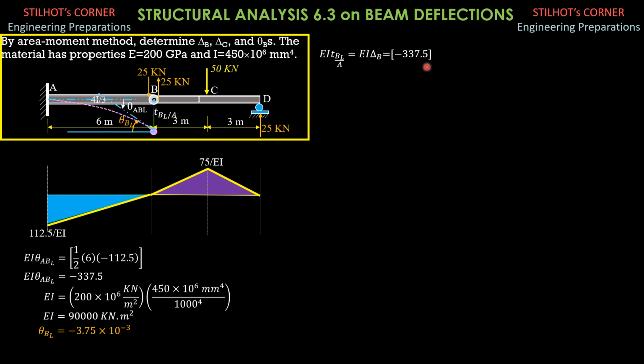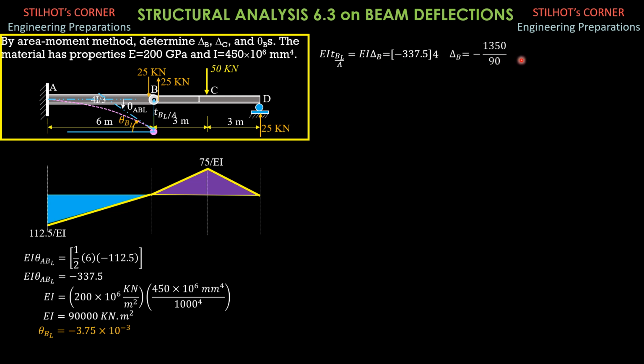So negative 337.5 times 4, and that is negative 1,350 divided by EI, and EI is 90,000, so that would be in meter. We convert meter to mm, so we multiply further by 1,000. So we simply divide negative 1,350 divided by 90, so that automatically the unit of delta B is mm.